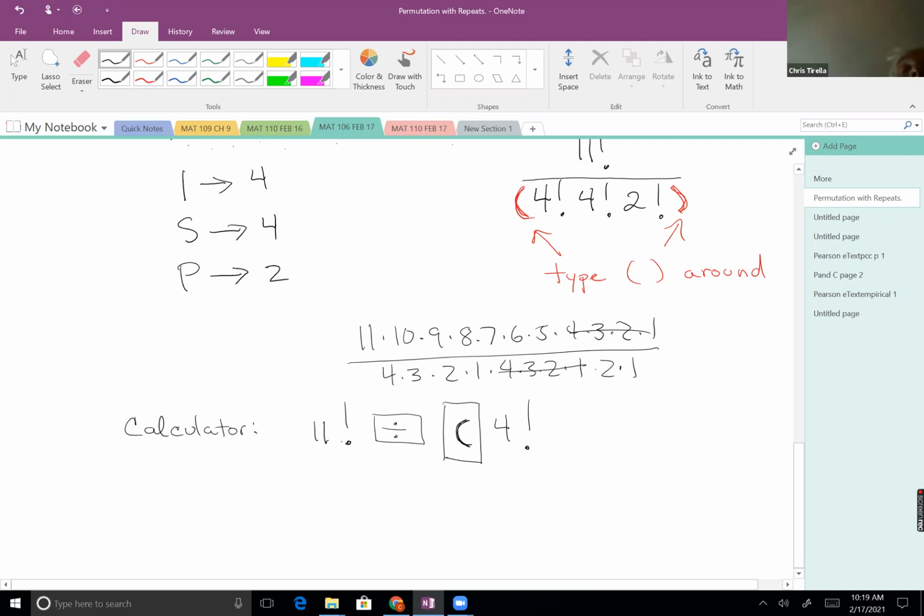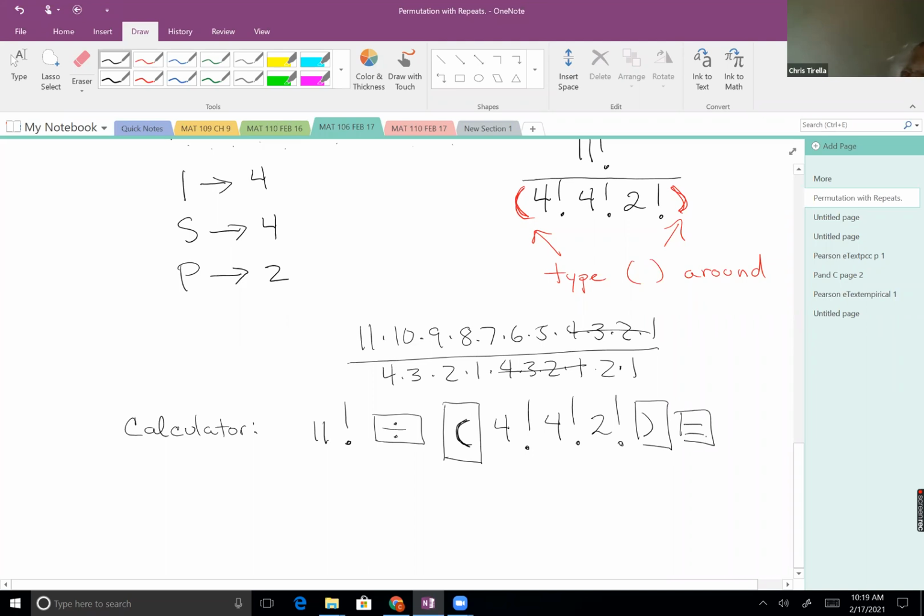The factorial. Remember, if you've got that TI-30, you first type 11, then press probability, and then arrow over to the exclamation point, the factorial. Then we'll go 4 factorial, 4 factorial, 2 factorial, and then you have to close your parentheses and hit equals.